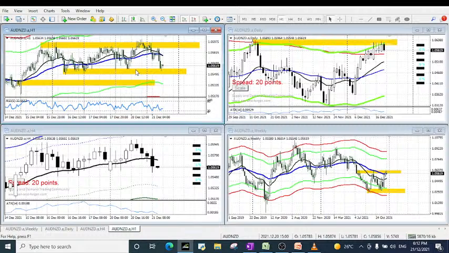So if you can avoid taking buys at a resistance zone and taking sells at support, it will greatly improve your trading, guys. The first thing you do when you come to your chart is map out your zones, and then you start hunting for setups.